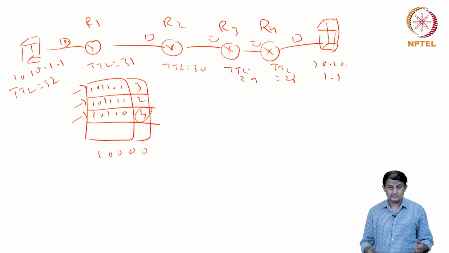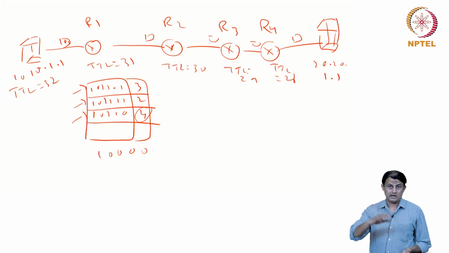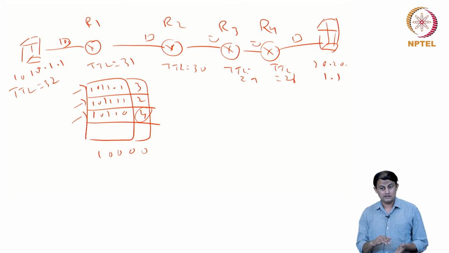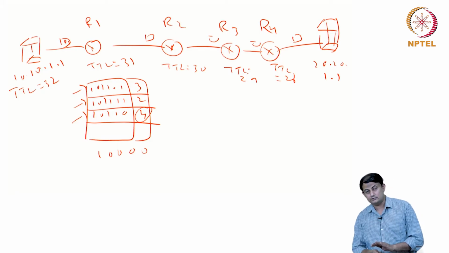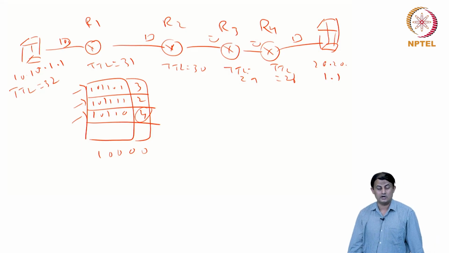If that is the case, this is going to put a lot of challenge on the router. I need to do a large number of comparisons in the lookup, and at the same time I need to do this operation as quickly as possible, in as little time as possible, because the link is pushing a lot of packets onto the router.